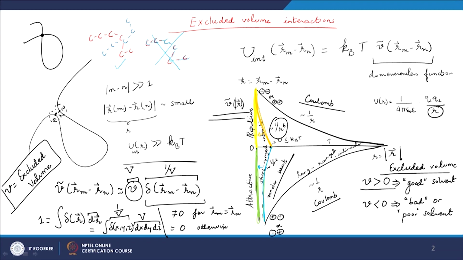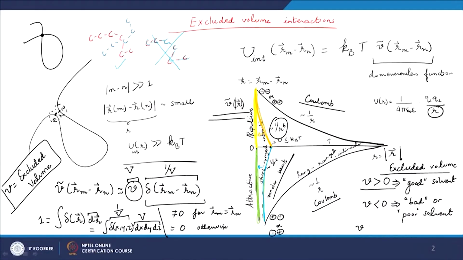Now, it is anybody's guess what we can do for the case of the ideal chain. It is not good nor bad. So, it has to be something like V equal to 0, and that is what we call theta solvent or theta conditions. Okay.